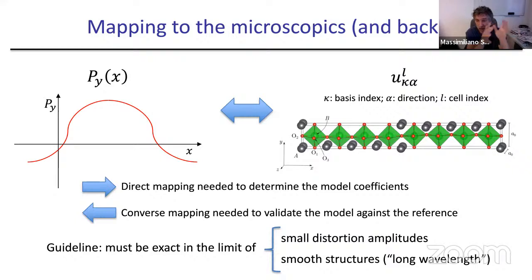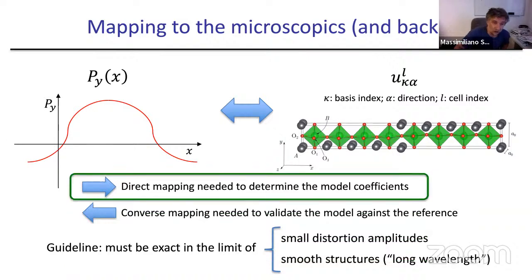Small distortion amplitudes is already part of the usual assumptions of Landau theory, because you have this polynomial expansion in the order parameter amplitude. But here we add one more requirement, which is smooth structures on the scale of the cell. And this is natural to require from a macroscopic theory that is built from the atomistics. So let us focus first on the direct mapping that will serve us to get the coefficients, and then come back to the converse mapping that will serve as a validation of what we get.